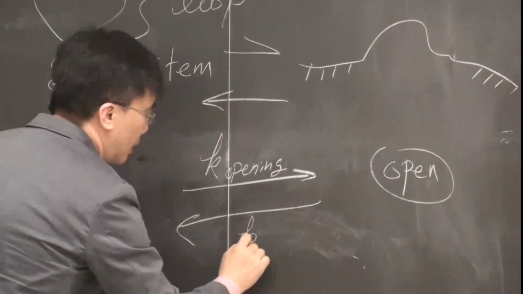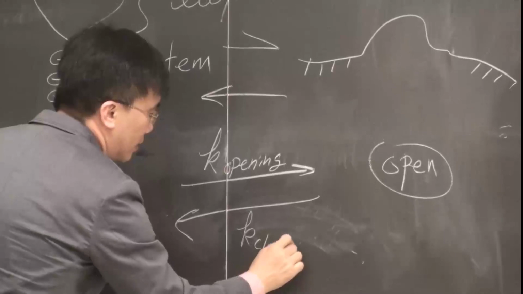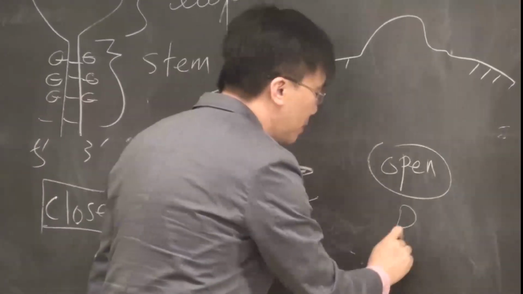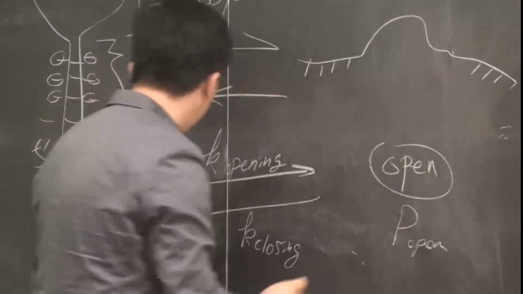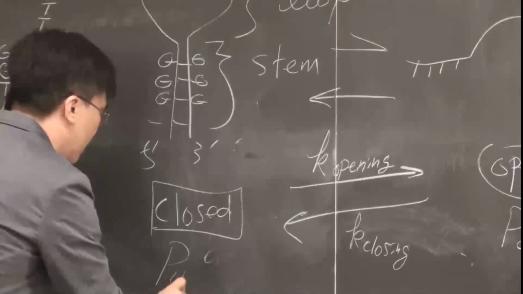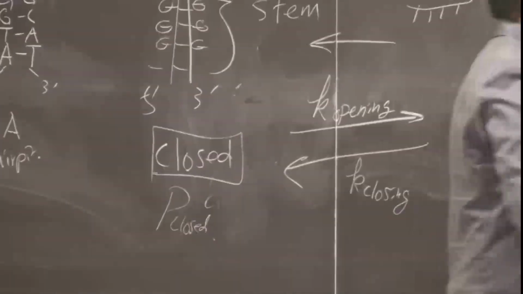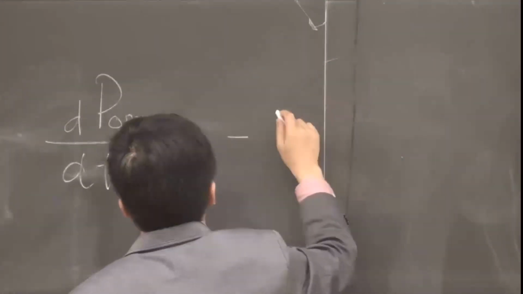I'm going to call this K closing. And the probability that you are in this open state is P open. This is P closed. So you can write down a simple equation here.